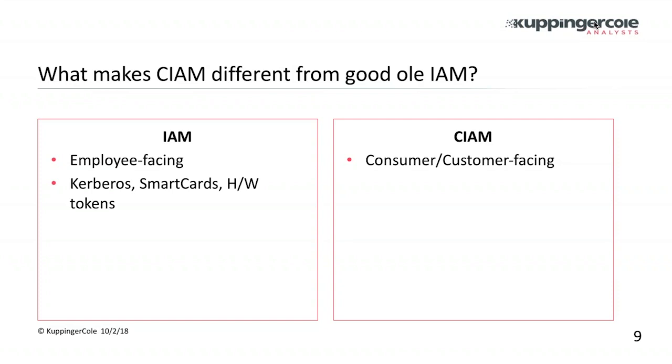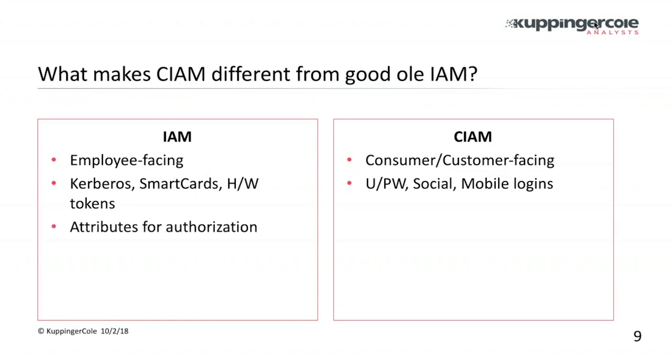The authentication methods that IAM systems have grown to support over the last couple of decades are things like Kerberos or smart cards, maybe USB keys or other kinds of tokens, in addition to username and password. But it's, for the most part, a lighter experience on the consumer side, where it's still mostly username and password, sometimes the use of social logins or mobile authentication applications or mobile push notifications.